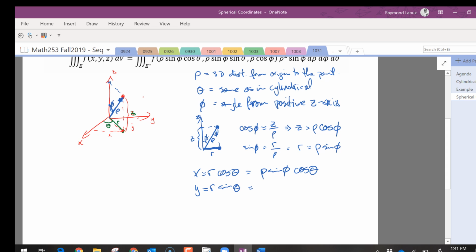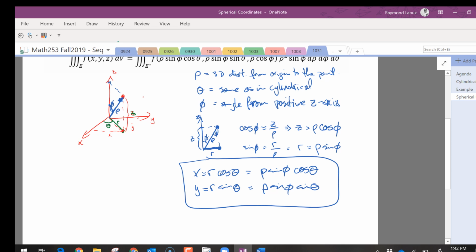So x is rho sine phi cosine theta, and y is rho sine phi sine theta. Here is your spherical coordinate transformation.